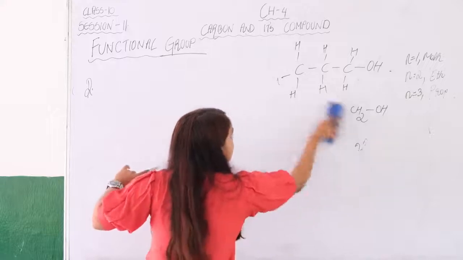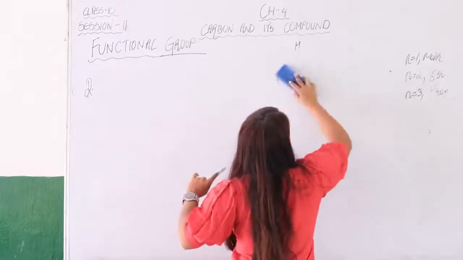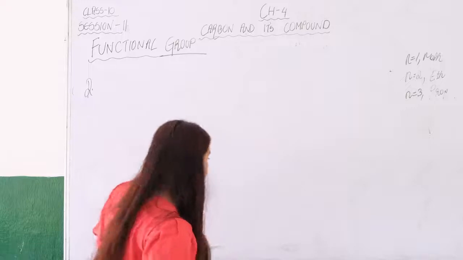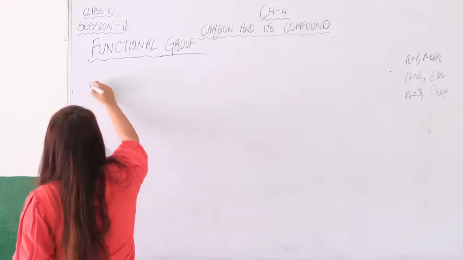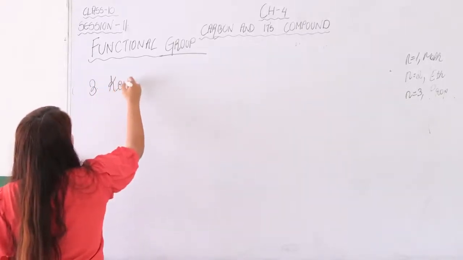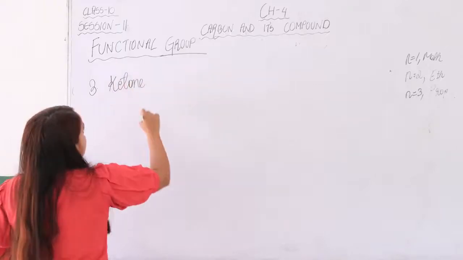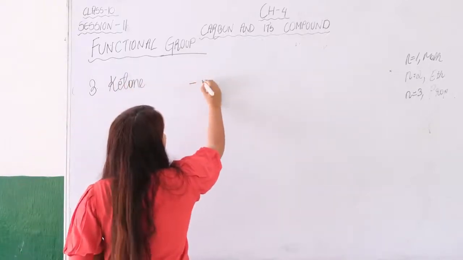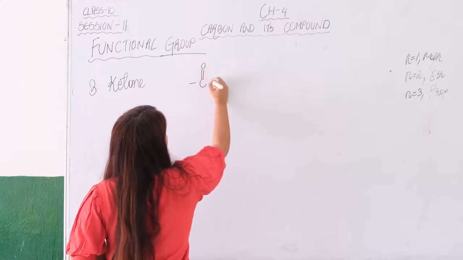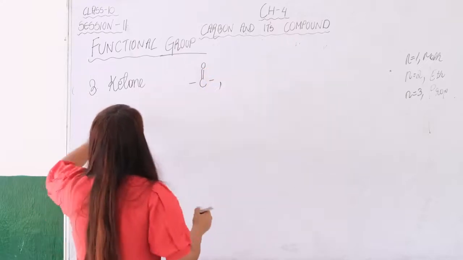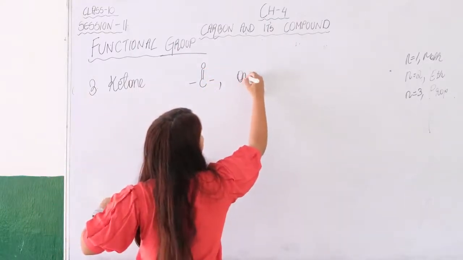Next functional group which we will see is ketone. Ketone has the symbol, and the suffix to be used with ketone is ONE.